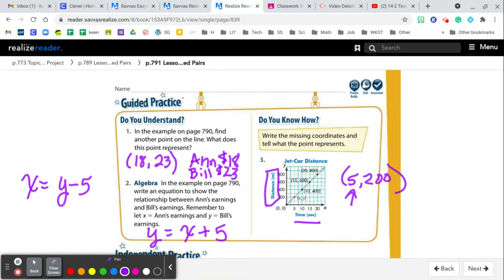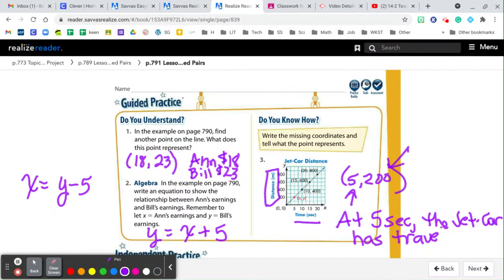So here are our points, and you can interpret it by saying at 5 seconds, the jet car has traveled, and we're looking at 200, and it's meters. That's how you interpret that graph. There you go.